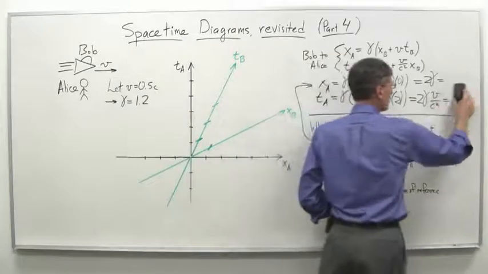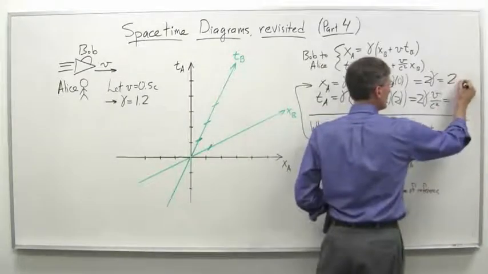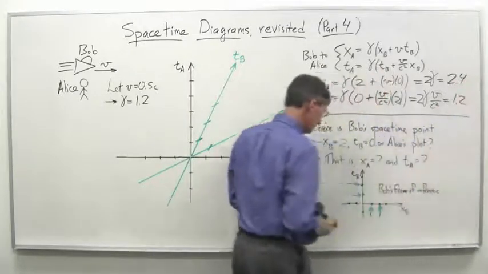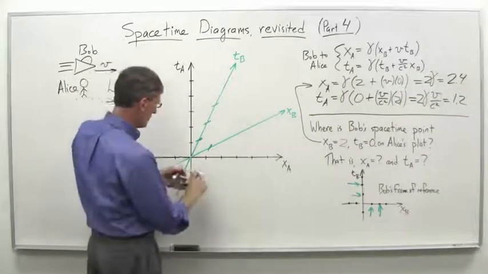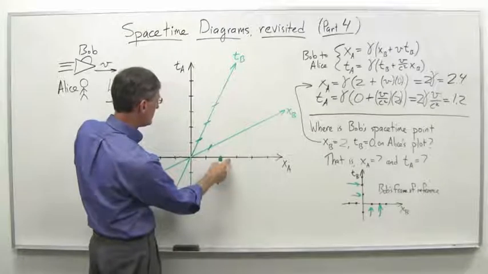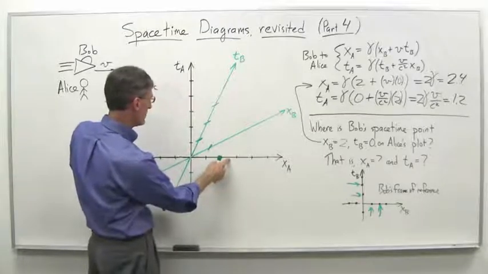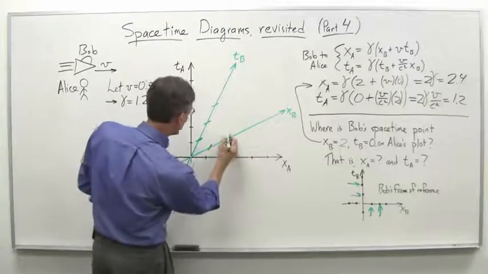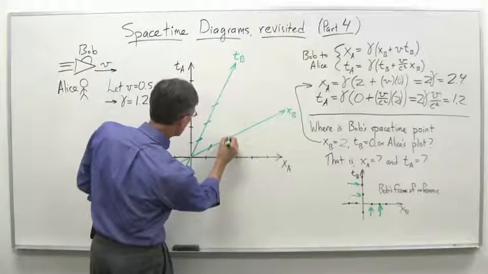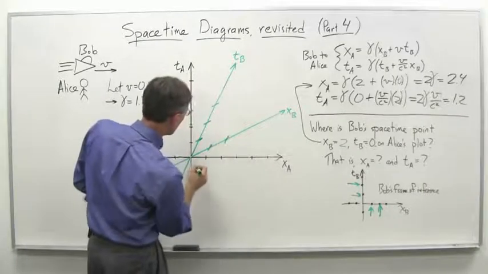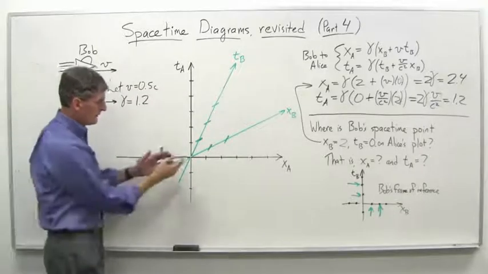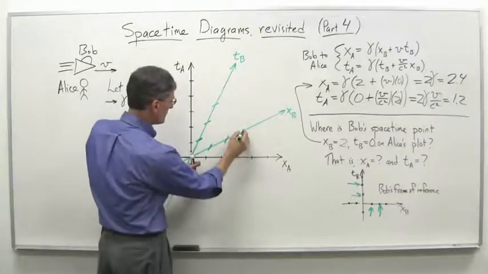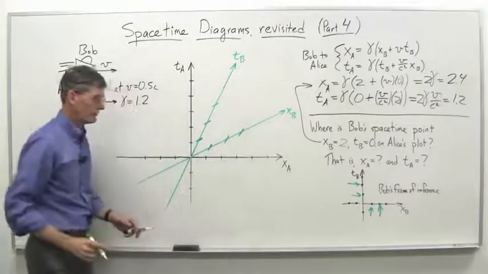So we get 2.4 and 1.2. So x sub a equals 2.4, over to about right here, and 1.2, so we're about right there. And we try to draw it roughly parallel to that. And then we get other results as we go along. So the next one would be something like about right here probably, and so on and so forth.